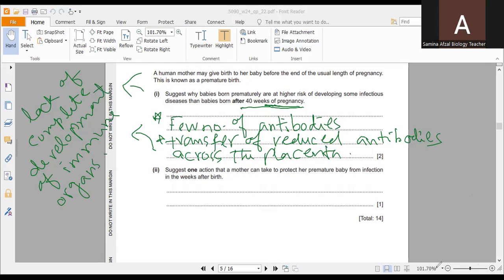Suggest one action that a mother can take to protect her premature baby from infection in the weeks after birth. So I would like to say that the mother can protect her premature baby from infection in the weeks after birth first of all by breastfeeding.